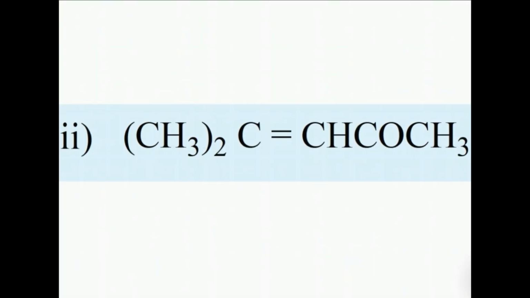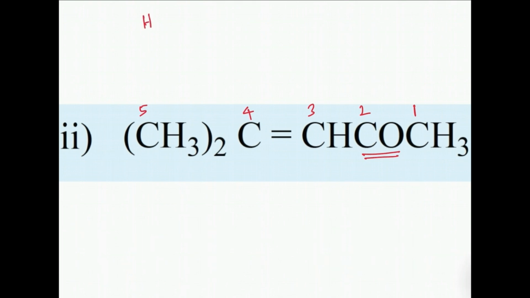In this example, our functional group is ketone, and we also have one alkene, and therefore let's do the numbering from here. 1, 2, 3, 4, and then one of the methyl groups will be treated as a substituent and another one becomes part of the chain.